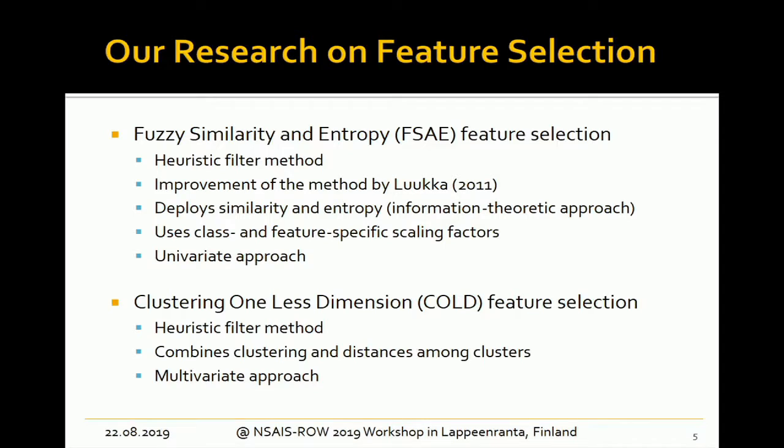Univariate in that we evaluate each feature by itself, so uni as in one, so basically the evaluation of each feature separately. So we do not account for any dependencies between the features. We just focus on how the feature, or its characteristics, help in order to predict the class label well.